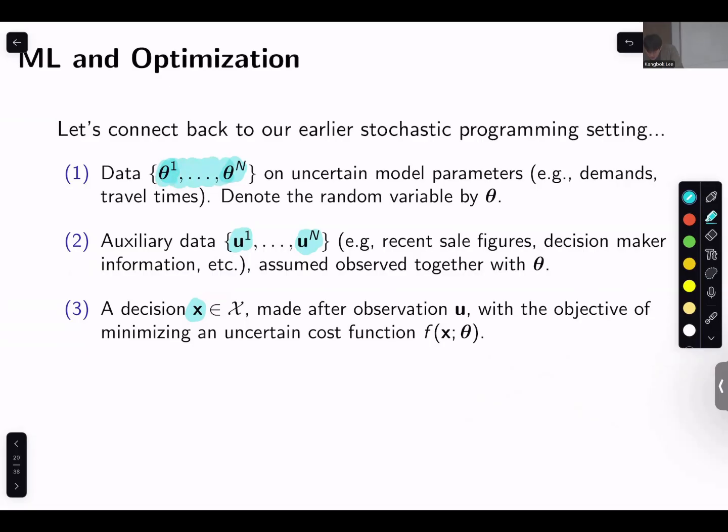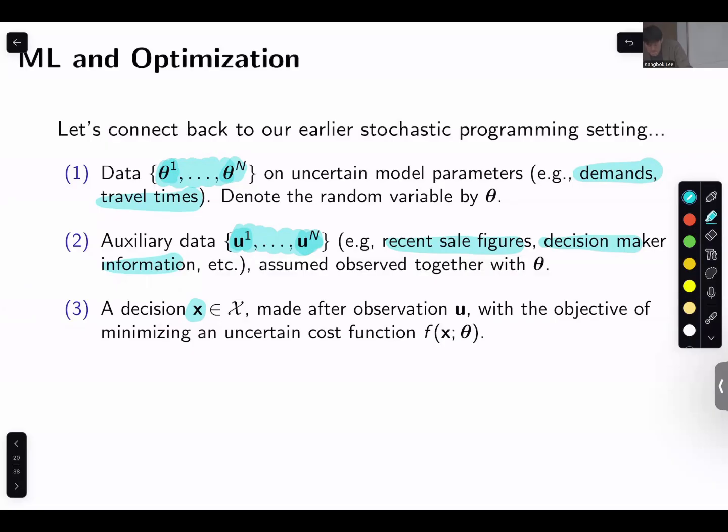So if these data parameters are uncertain parameters representing demands, travel times, then the U are the contextual data, like recent sales figures or the decision maker's specific information or the characteristics of the underlying graph.